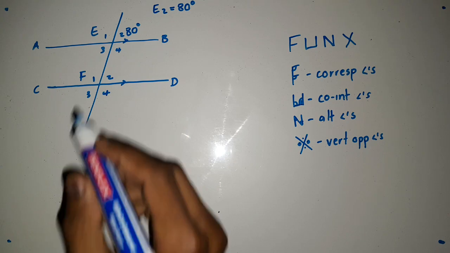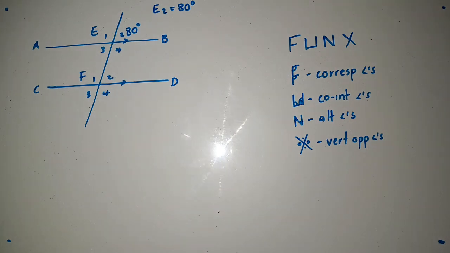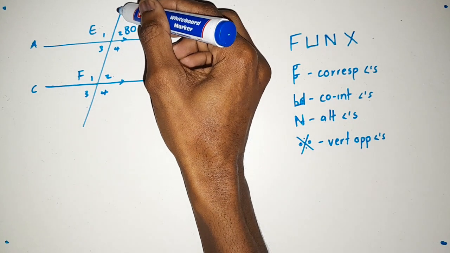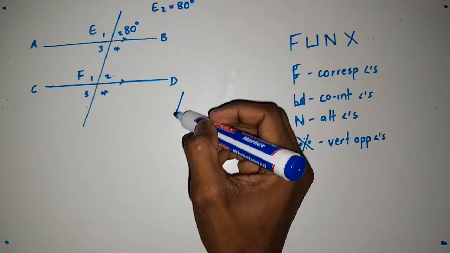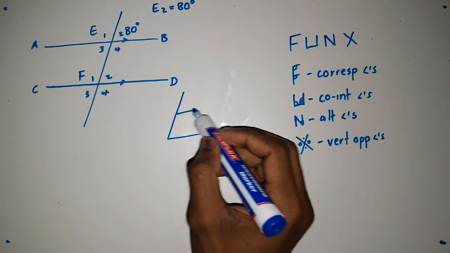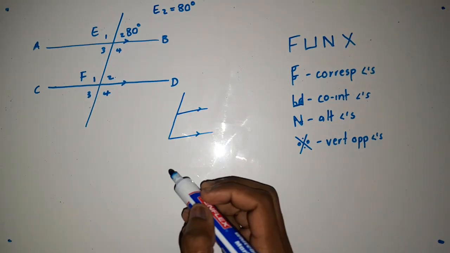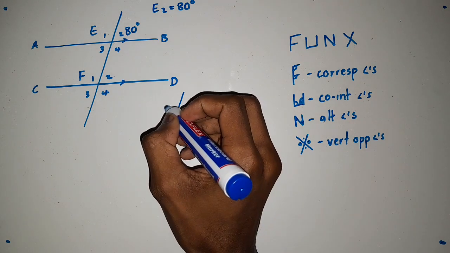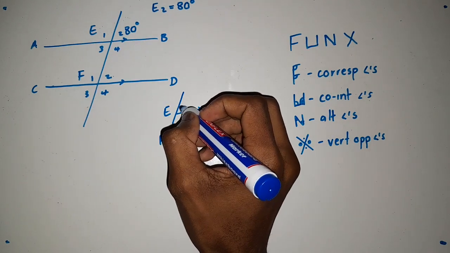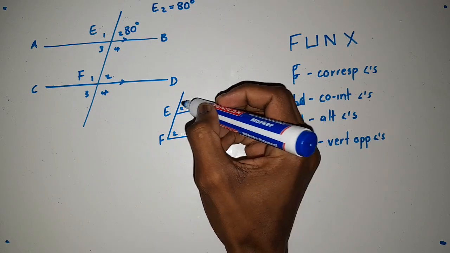Let's see. F2, they want us to figure out the value of F2. F2 is going to be 80 as well. Why? We get an F shape in this one, you see. It's going to be something like this. I have F2 somewhere here, and I have E2 somewhere here, which is 80.